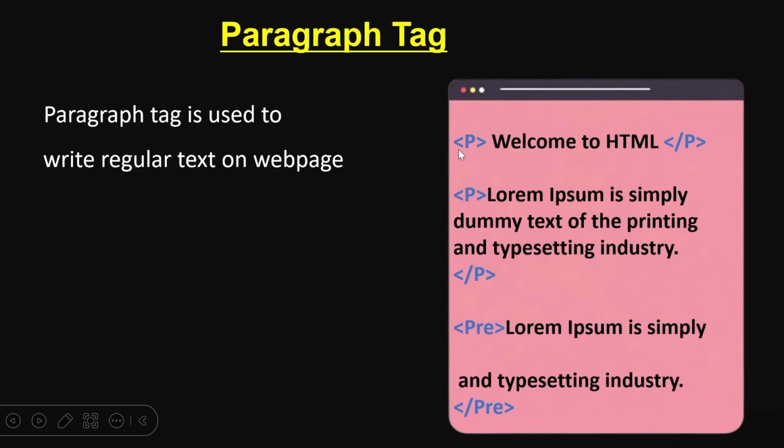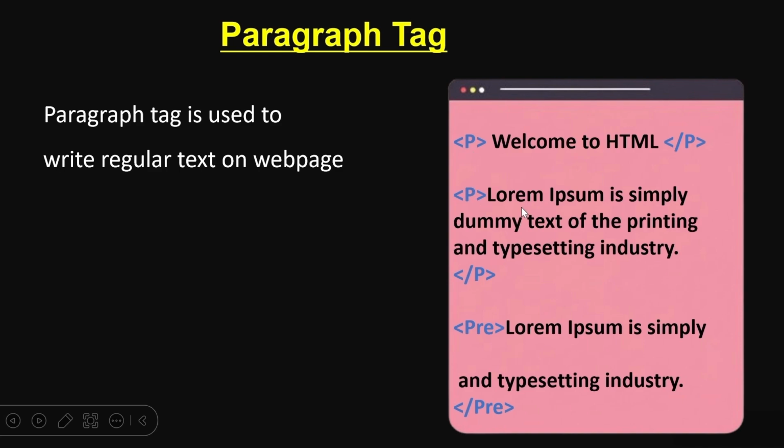For the paragraph element, we will use a paragraph tag that is abbreviated as P. One thing should be noted: HTML and CSS are not case sensitive. If you write small p or capital P, both are equal. But in HTML, we write tags in small letters. This is one paragraph, like welcome to HTML, and it should be used within the paragraph P tag.